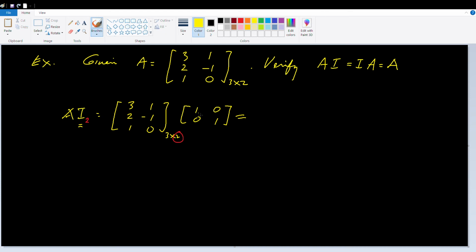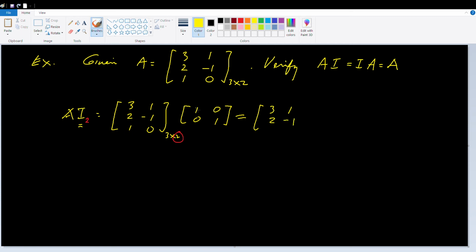And what do we get? 3 times 1 plus 1 times 0 gives us 3. 3 times 0 plus 1 times 1 gives us 1. Second row, first column: 2 times 1, negative 1 times 0 is 2. Second row, second column: 2 times 0, negative 1 times 1 is negative 1.